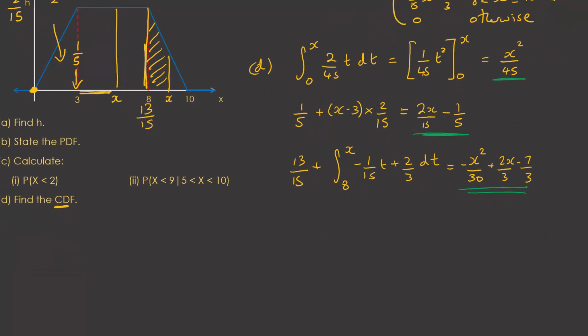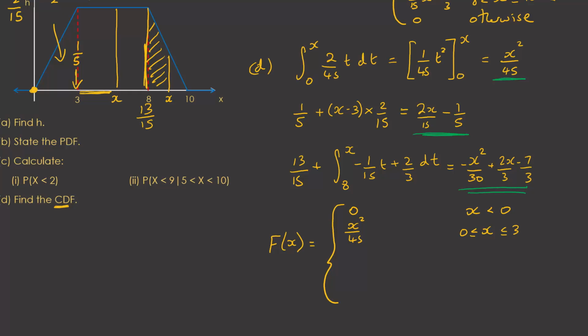And so we can say that f of x is going to be 0 when x is less than 0. It will then be x squared over 45 if x goes from 0 to 3.